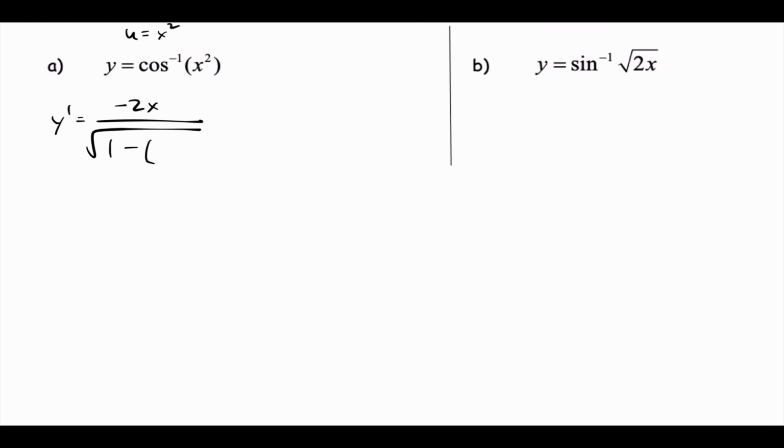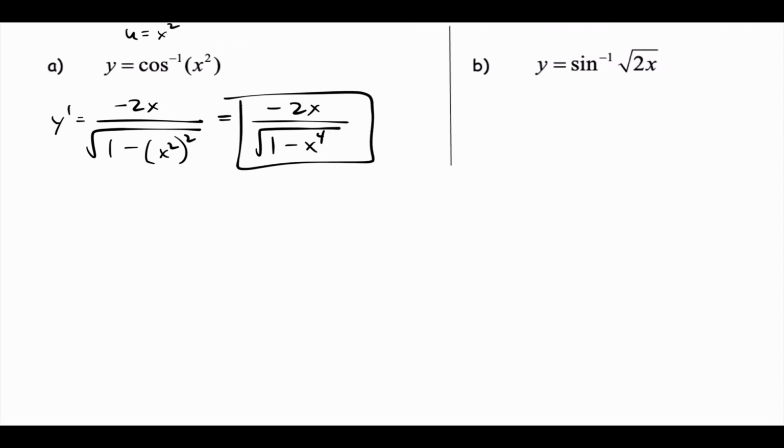U was x squared, so that's going to be x squared. When I simplify it, it makes negative 2x over the square root of 1 minus x to the 4th. Done. That's the derivative.